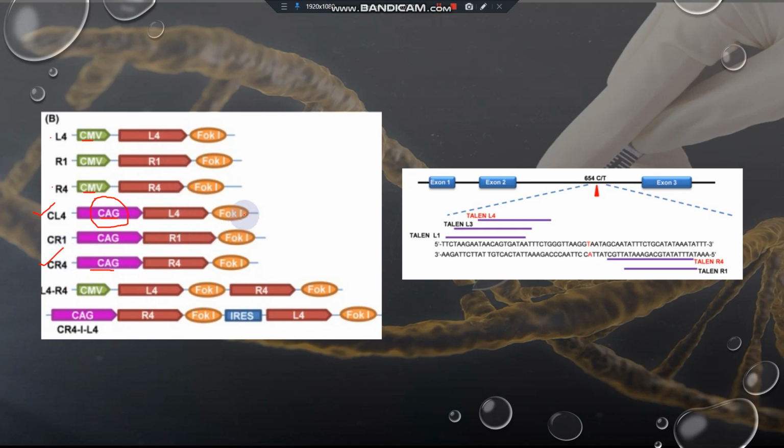After that, you can see we have FokI nucleases, which basically cut the DNA and dimerize.